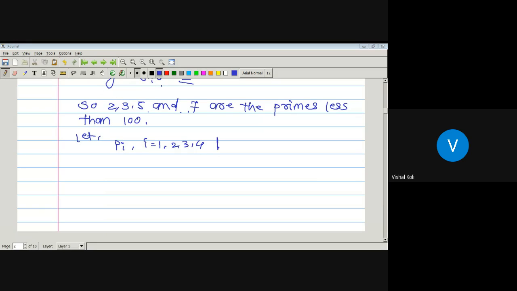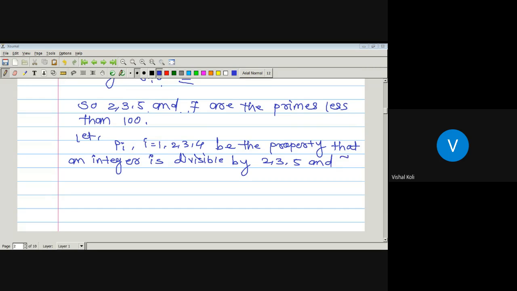So let Pi be the property that an integer is divisible by 2, 3, 5 and 7 respectively.